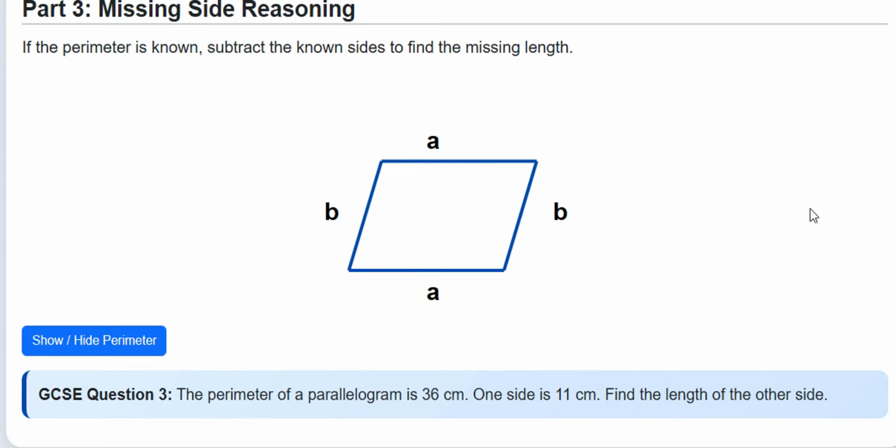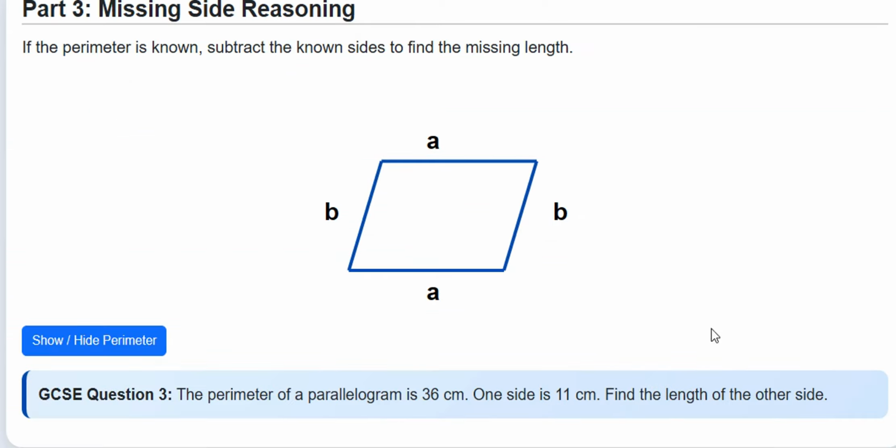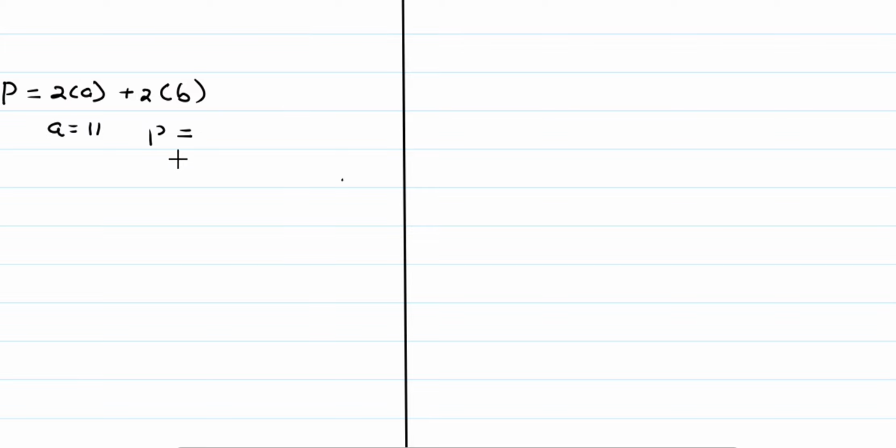But we are given one side, so we can say that one side is A. So we can say it's 11, but then we are told to find B. To do so, we are also given the perimeter itself, which is 36 centimeters.